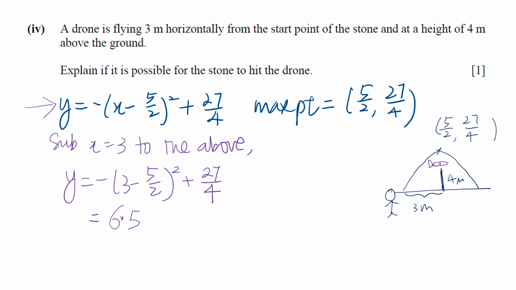That means when the stone is 3 meters from the ground, it has a height of 6.5 meters, which is above the 4 meters, right? So we explain that since 6.5 meters is above the 4 meters, which is the height of the drone, the stone is above the drone. So of course you can't hit it.